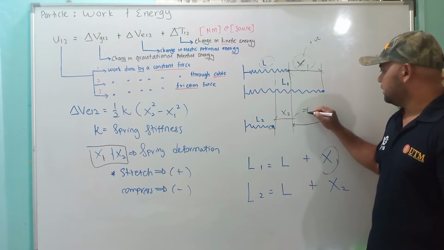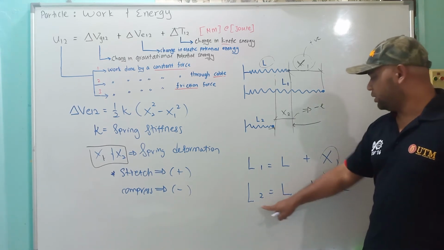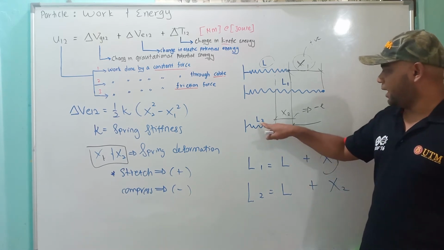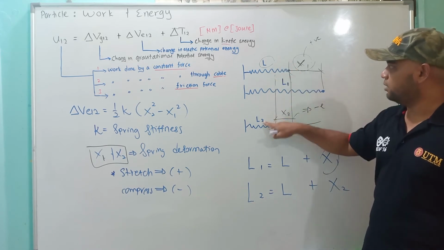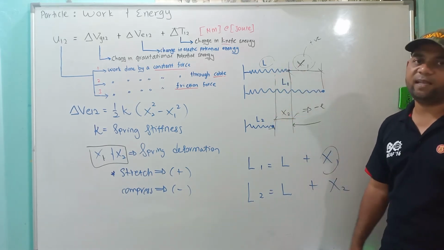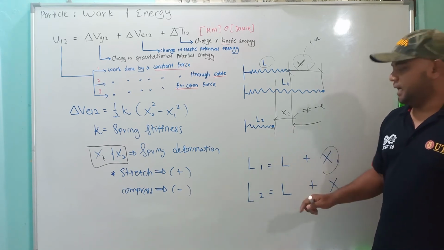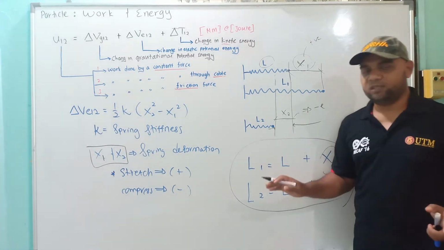In this case it is negative because L2 equal to L plus X2. So the X2 equal to L2 minus L. L2 is shorter than L, so L2 minus L will be a negative value. Okay, so again, the L is the original length of the spring without any forces.